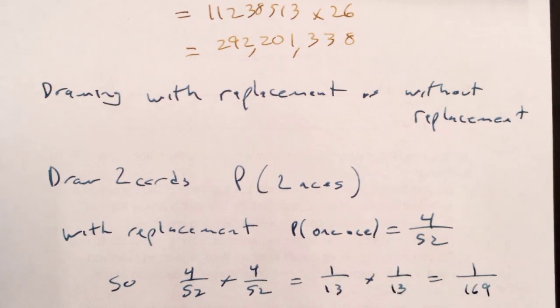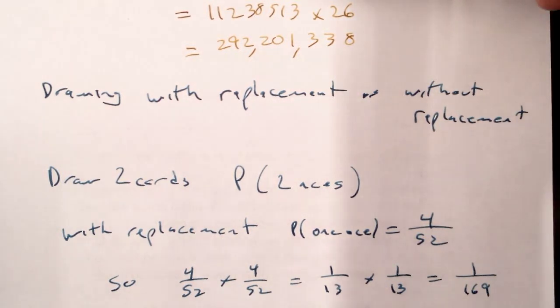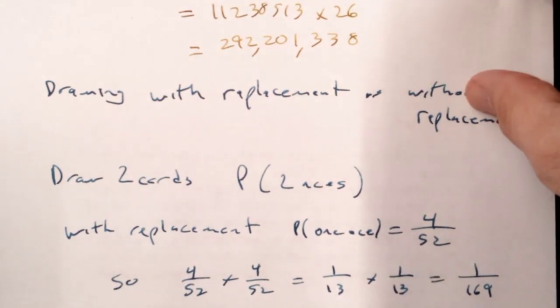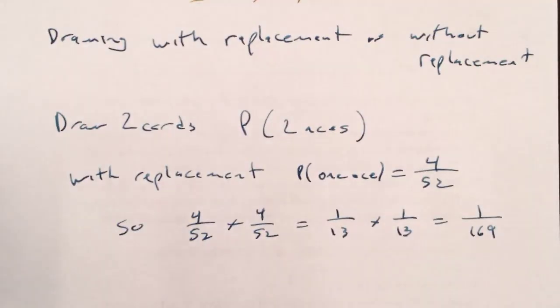So my chance of getting 2 aces would be 1 out of 169. But how does this change if I have the drawing without replacement?